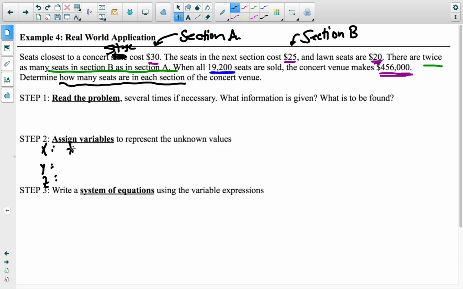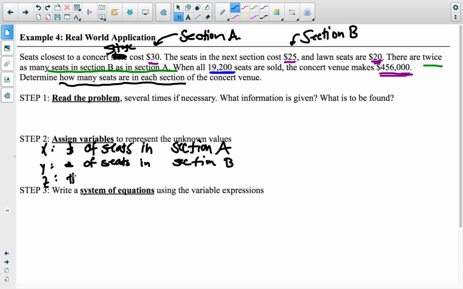So x should be number of seats in section A, y should be number of seats in section B, and then z, we can have z be number of seats in the lawn, all right, lawn seats.